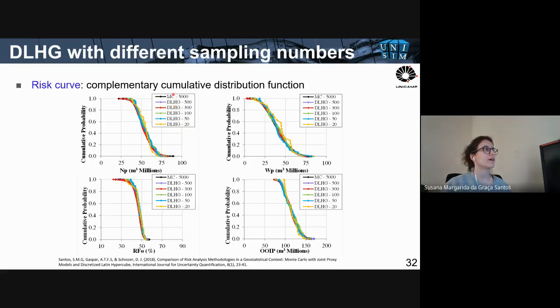So if I have 500 models, I'll have 500 dots. If I have 5,000, I have 5,000 dots. We use the probability of occurrence of each one plus the output, the indicator, the value of NP and so on, to construct these cumulative distribution functions. And this is what we call a risk curve.